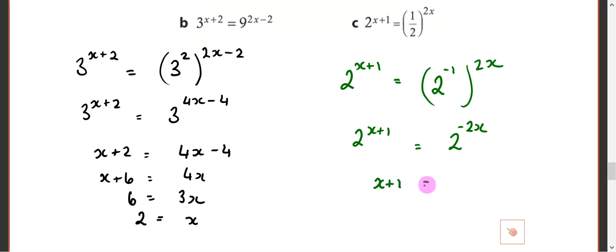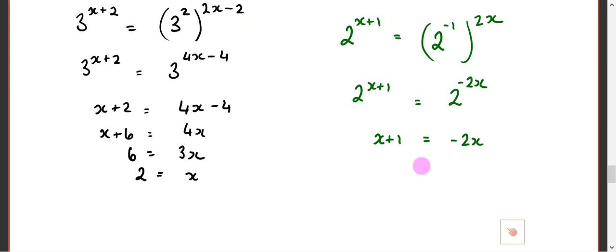Therefore, x plus 1 equals minus 2x, which means 3x equals negative 1. I kind of did 2 steps there, so I added the 2x to both sides to make the 3x, and then I subtracted the 1.